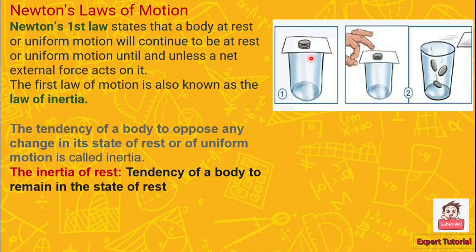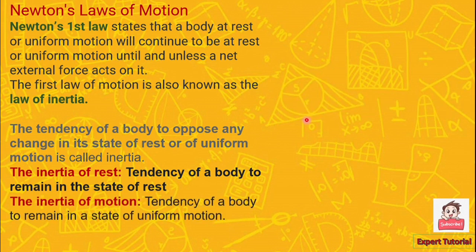When the postcard is given a sudden horizontal flick using the finger, it flies sideways, and the coin, due to the inertia of rest, drops into the glass. This is a beautiful example. You can do it yourself at your home.